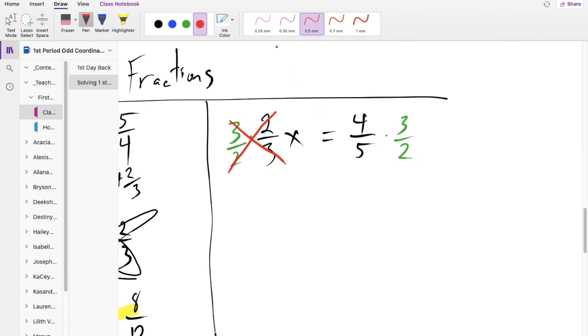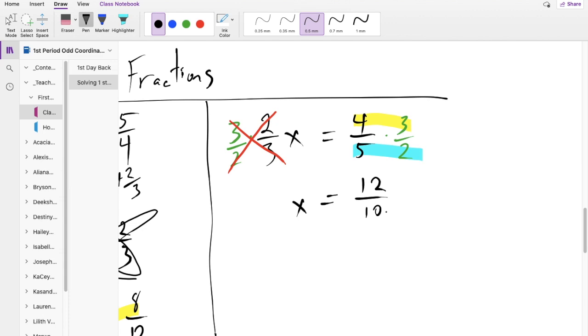If you remember anything about multiplying with fractions, you're just multiplying straight across. So I'm multiplying this 4 times this 3, and then this 5 and this 2 together. This gives me x equals 4 times 3, which is 12, over 5 times 2, which is 10.